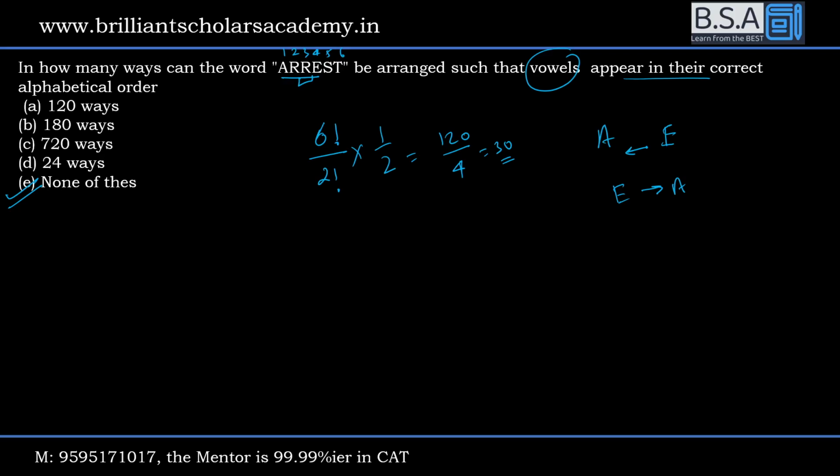6 factorial is 720. देखो, जल्दबाजी का नतीजा: 720 upon 4, 180. इसीलिए मैं कहता हूँ, remember factorials. 5 factorial is 120. फिर से एक बार सुनो. Vowels must be in the correct alphabetical order. A comes before E. हमें A आगे चाहिए. A और E के arrangement दो ही होते हैं.